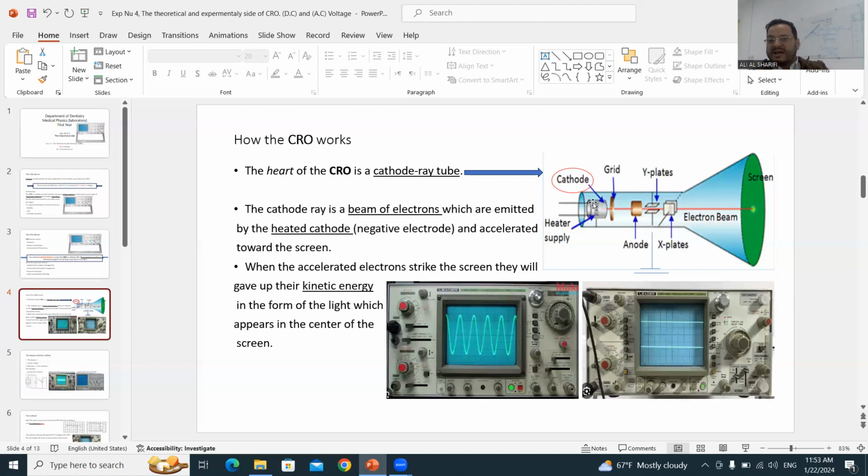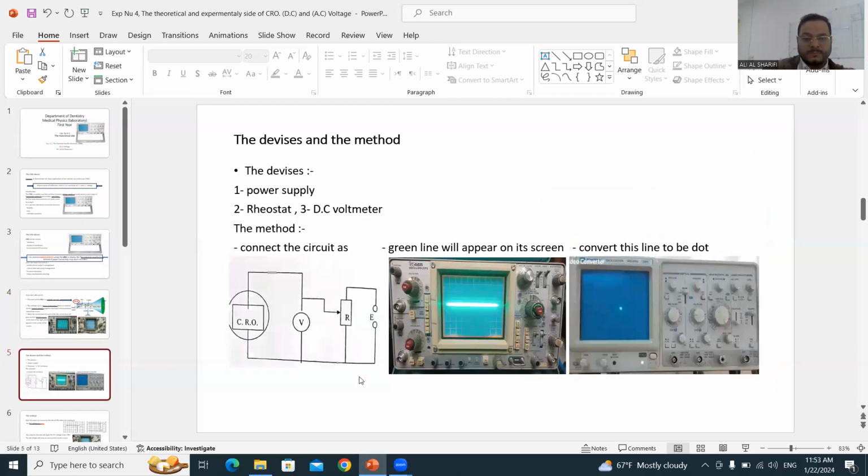Cathode, like in the diode experiment, is the negative terminal, and anode is the positive terminal. Here is the circuit; we will connect our devices according to the circuit.